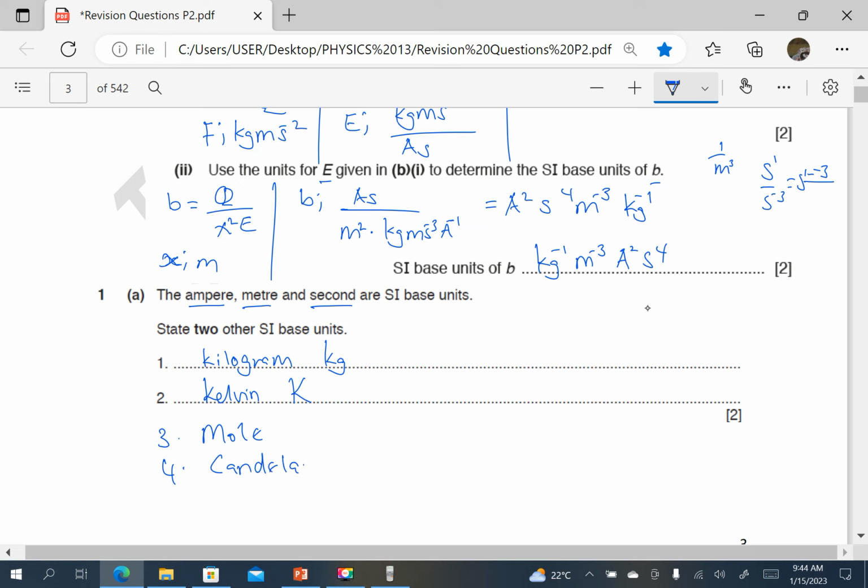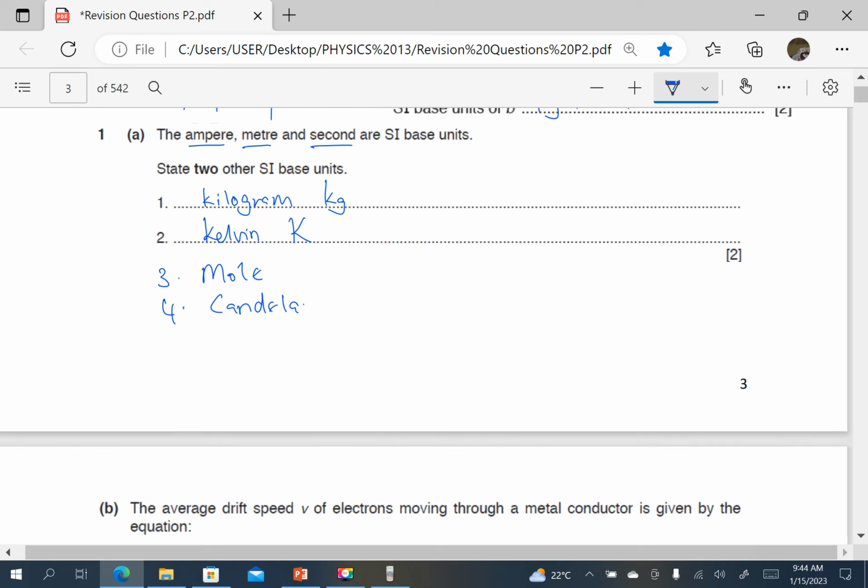We have the candela, that is the unit of luminous intensity. Those are the base units. The question wanted base units, not base quantity, so you must be very careful with that.